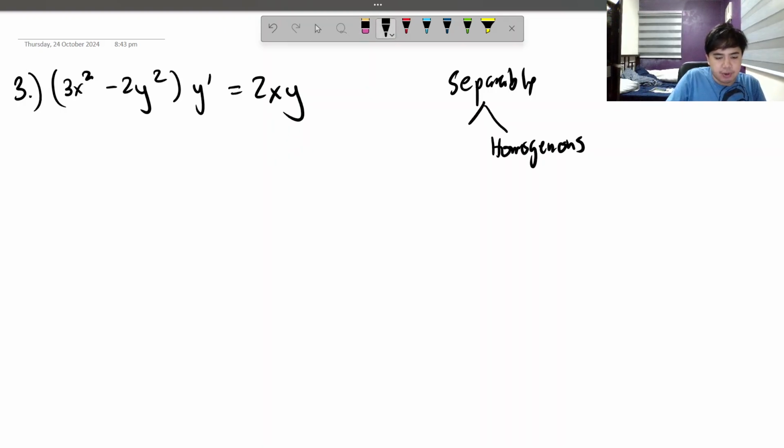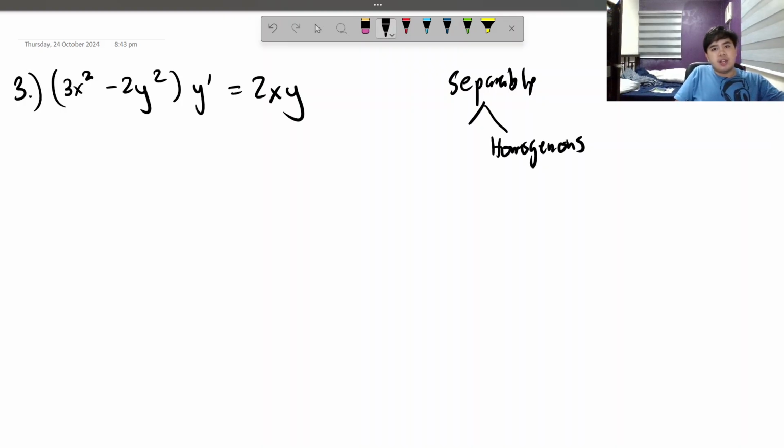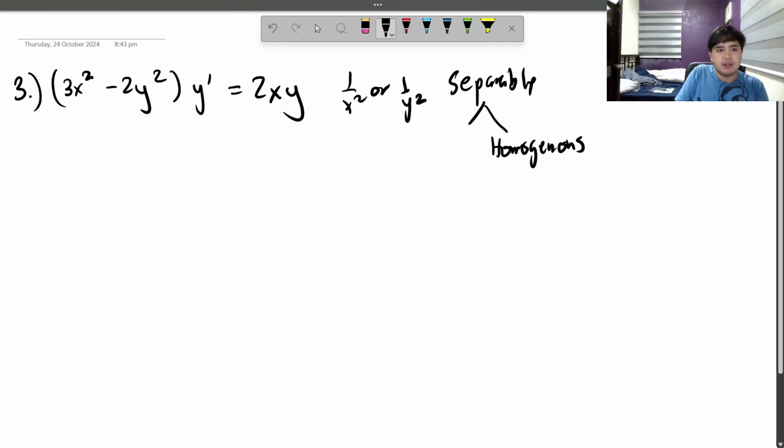This is usually the hardest one. Some literature likes to use y equals xv, but I like to do this part instead. Divide both sides by what you want, like maybe 1 over x squared or 1 over y squared, in order to make the degree 0 on both sides.